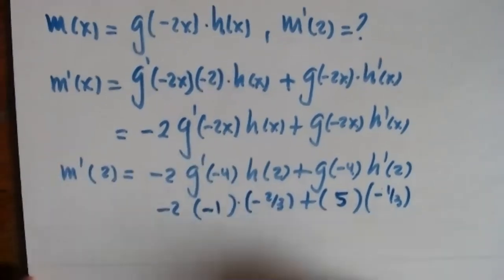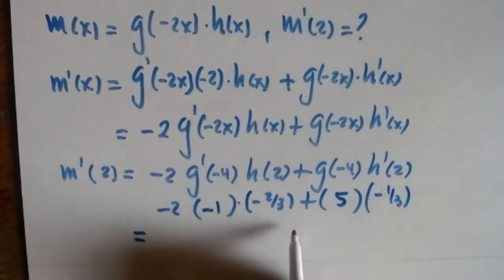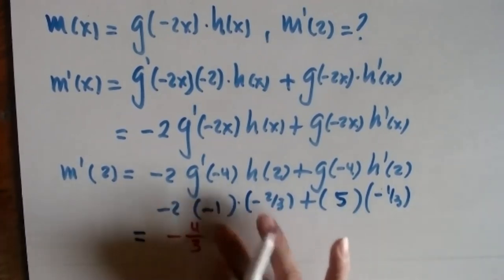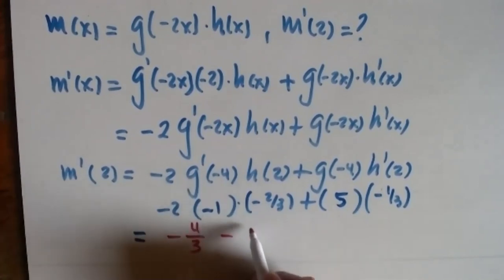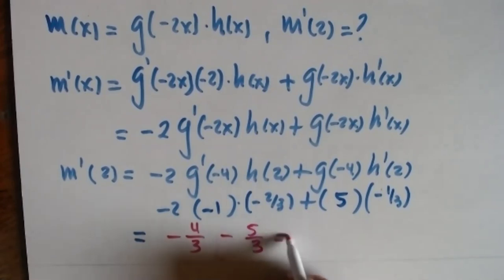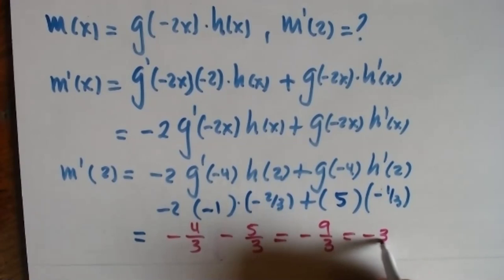Then the only thing you have to do is perform these operations, right? And, well, that's basic algebra. So negative times a negative, positive times a negative, so it is 4/3 negative plus, well, minus 5/3. And this is a simple math problem, so these are negative 9/3, negative 3.